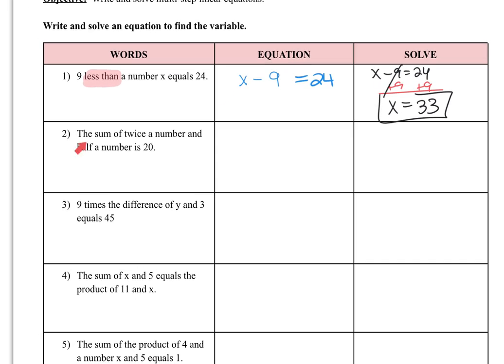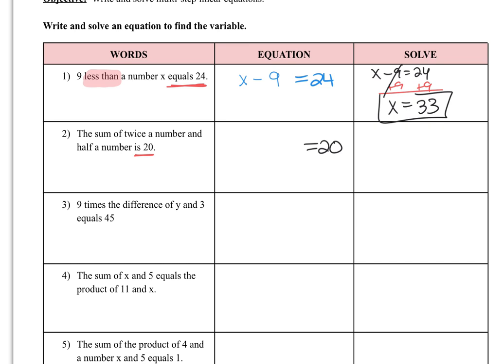Next one here, we have the sum of twice a number and half a number is 20. Equals before was equal to 24. This word is 20 also means equals. So I know it equals 20. What does the sum mean?